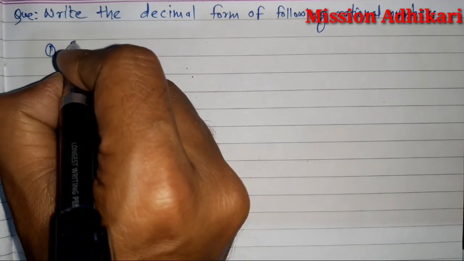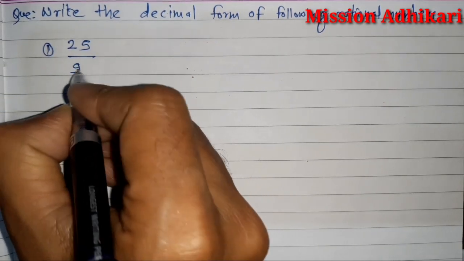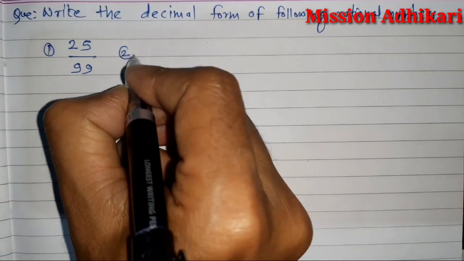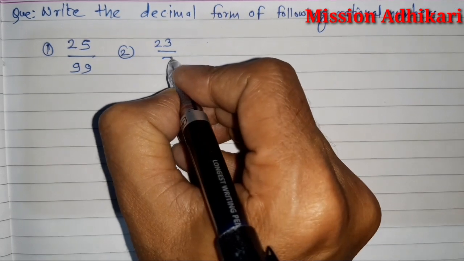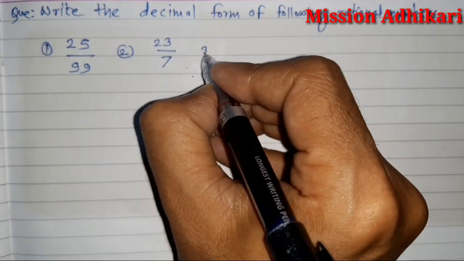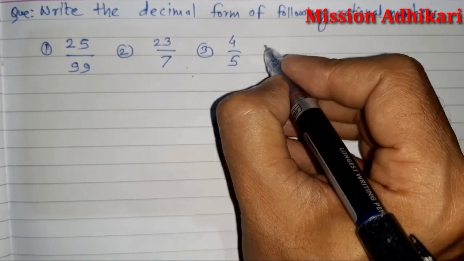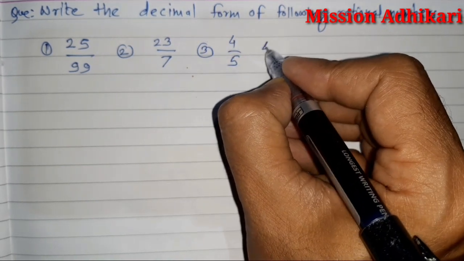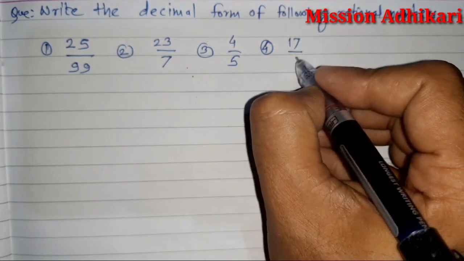First is 25 divided by 99. Second is 23 divided by 7. Third is 4 upon 5. And fourth one is 17 upon 8.